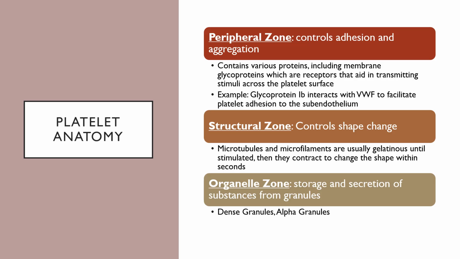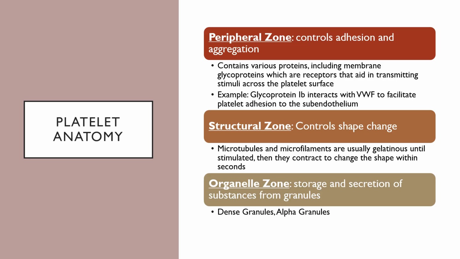And these are receptors that aid in transmitting stimuli across the platelet surface. For example, glycoprotein 1b interacts with von Willebrand factor to facilitate platelet adhesion to that subendothelium. So think of von Willebrand factor as the glue that holds that platelet to the site of injury.